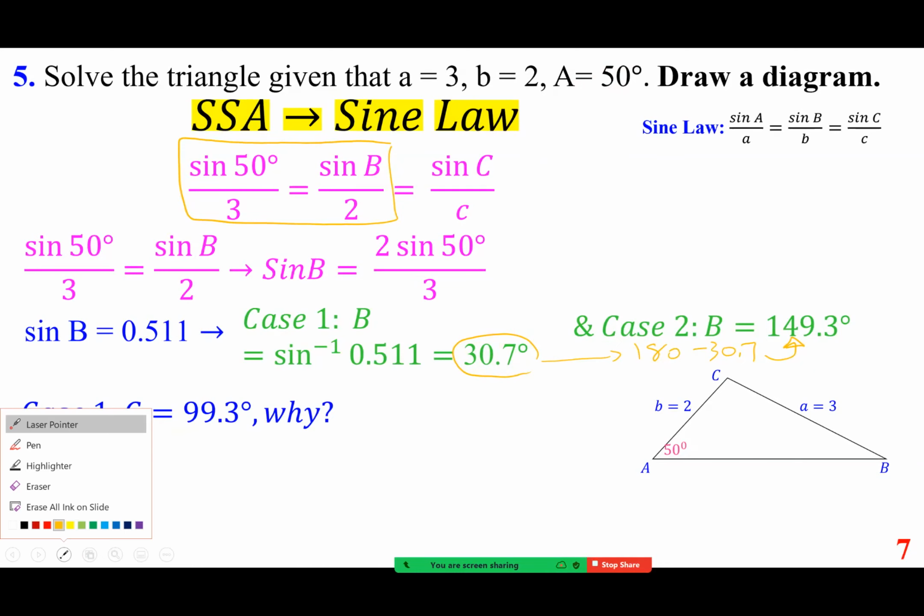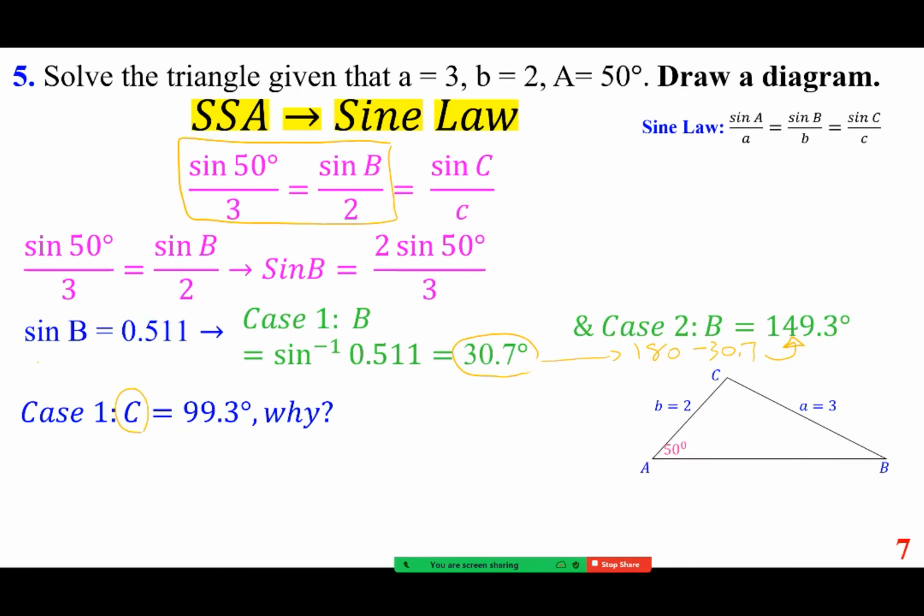In other words, this is 180 minus the sum of angles A and B, which is 180 minus 80.7 degrees.